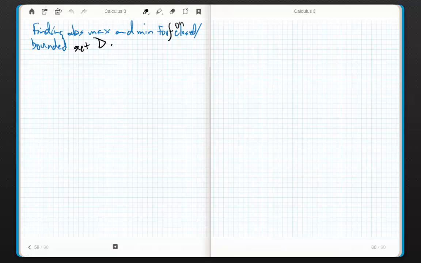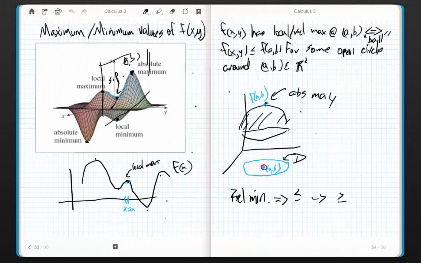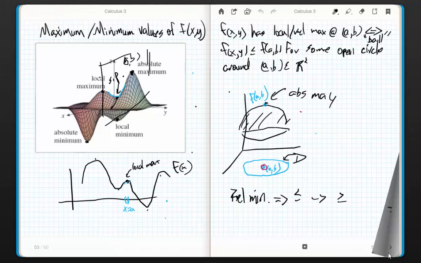Look, when I was back here, if you look at this, we don't really know what's going on out at the edge, but just like in Calc 1 and Calc 2, we knew that we could find maxes and mins. They could be interior points. The domain is floating here on the xy plane, and I can have absolute maxes and absolute mins that don't necessarily occur at the boundary line.